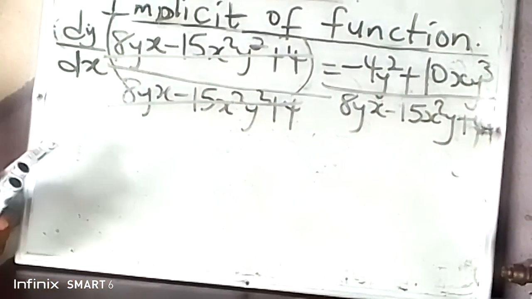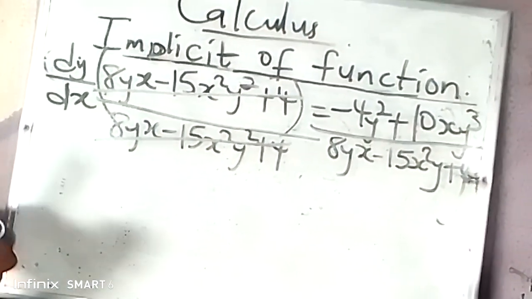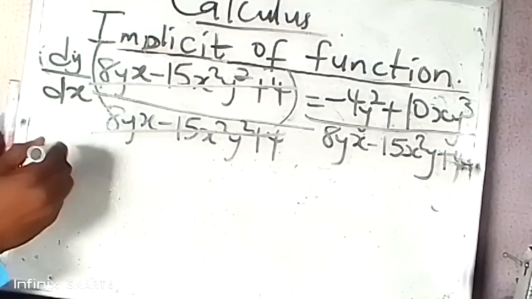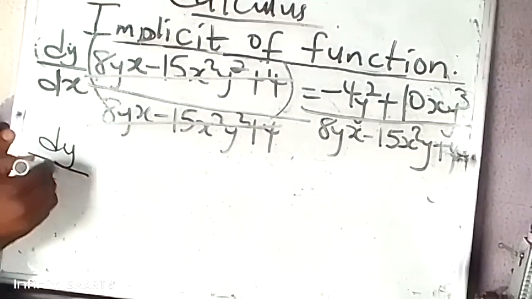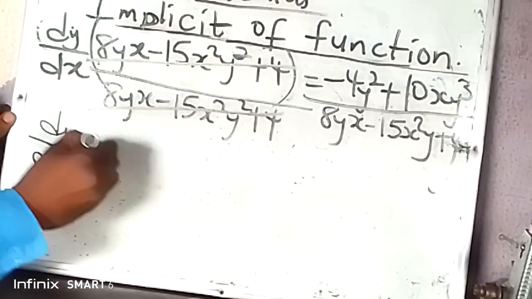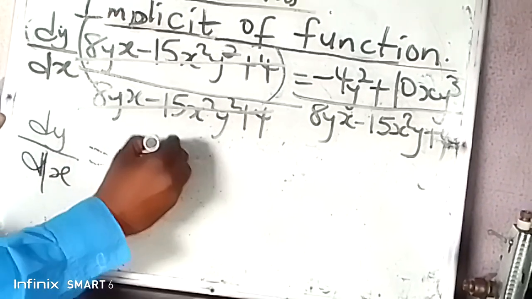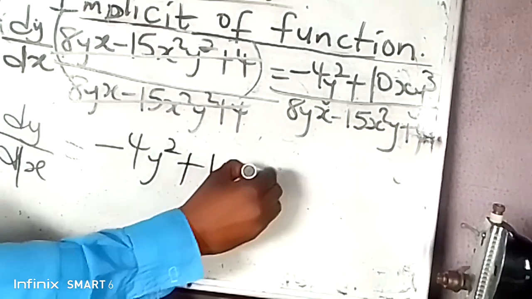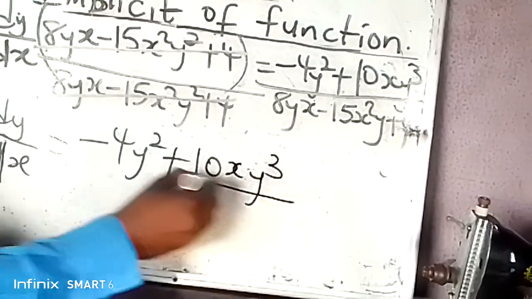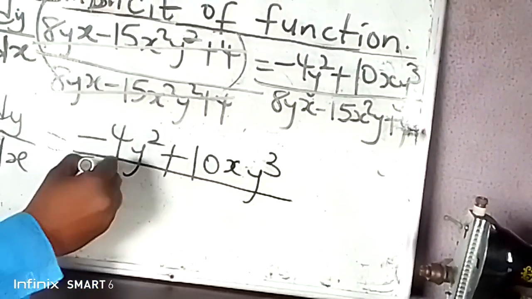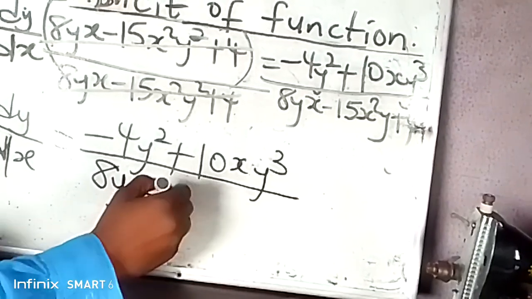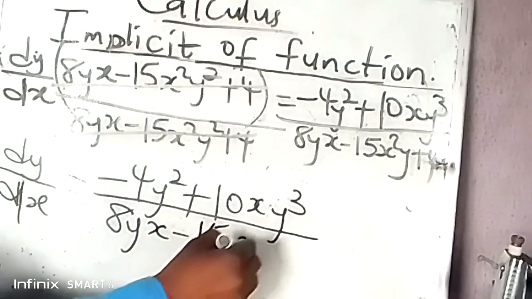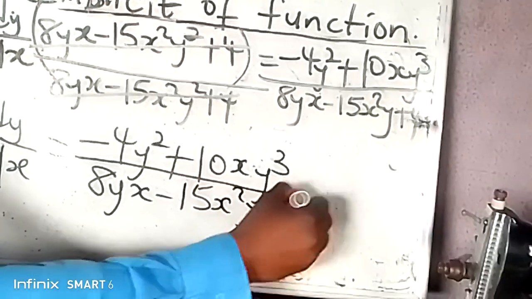So the dy/dx is going to give us minus 4y squared plus 10xy cubed all over 8yx minus 15x squared y plus 4.